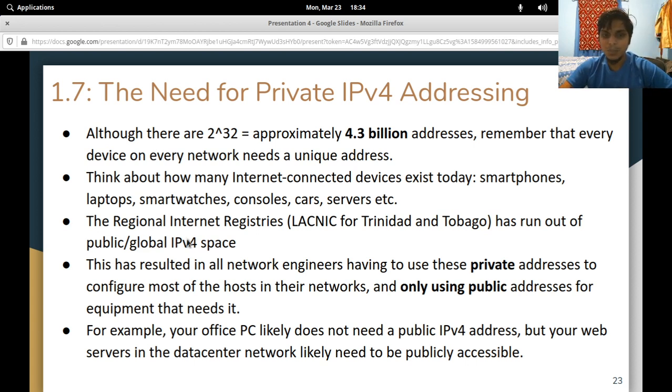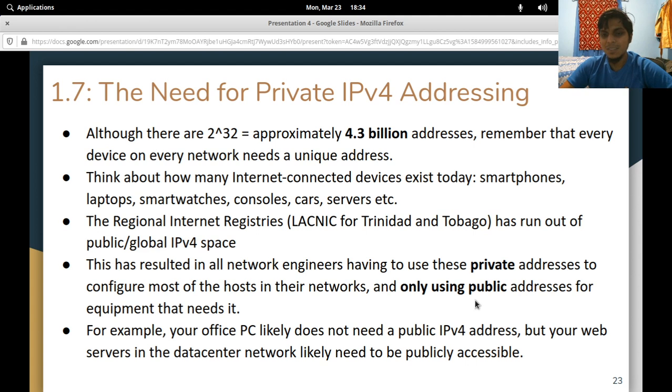But for the time being, while we can't get public IPv4 addresses, we go to private addresses. So private addresses, let me see if I can think up a good simile here. It is sort of like owning land versus renting land, I guess. Owning land would be like your public addresses.